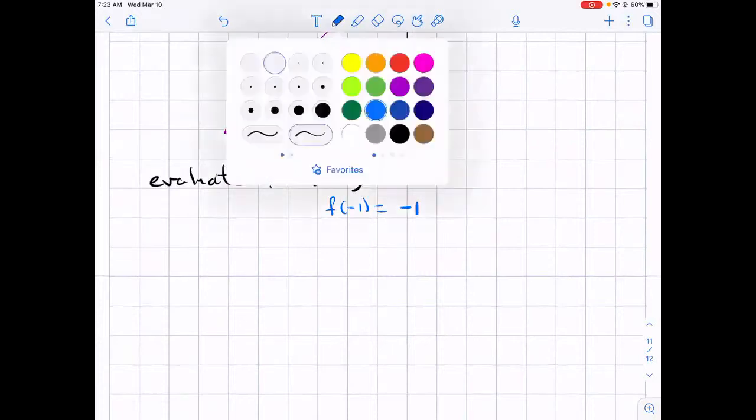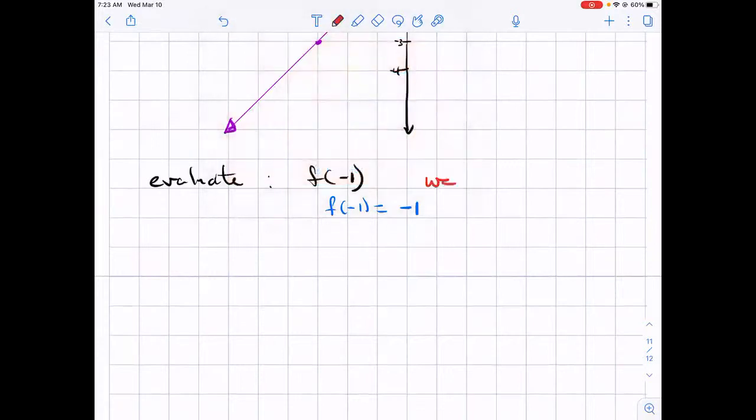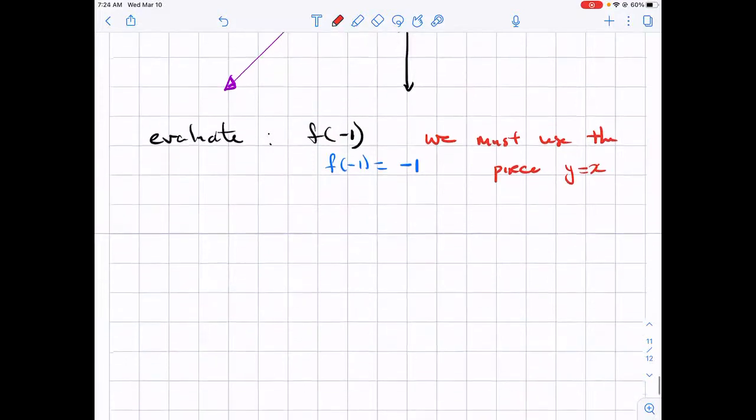We must use the piece y equals x, and that's because x is where its value is less than 0.